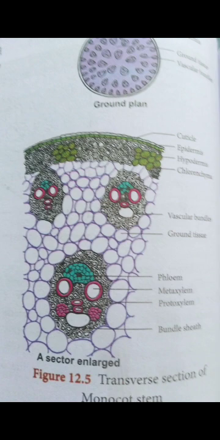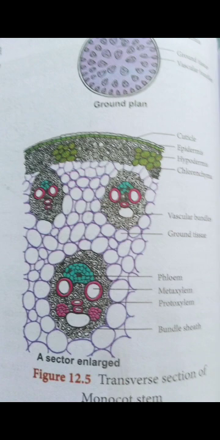In a mature vascular bundle, the lowermost protoxylem disintegrates and forms a cavity. This cavity is called the protoxylem lacuna.